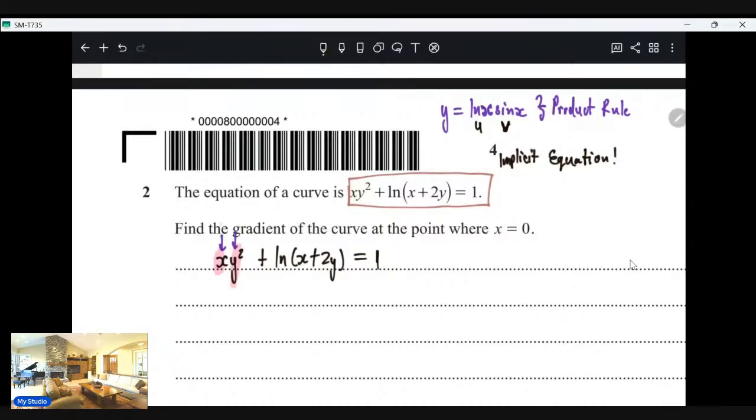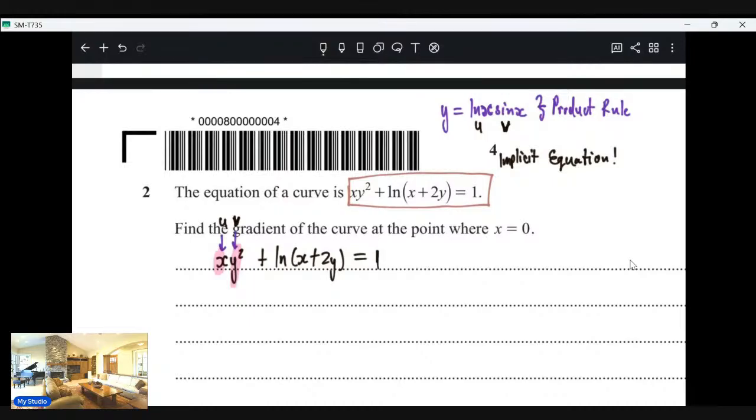So that means here we have product rule again. When you are differentiating here, you must use product rule. This is where a lot of people get confused. They don't treat x and y as functions, but for implicit differentiation, they must be treated as functions.